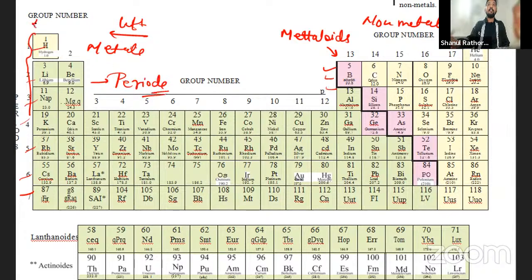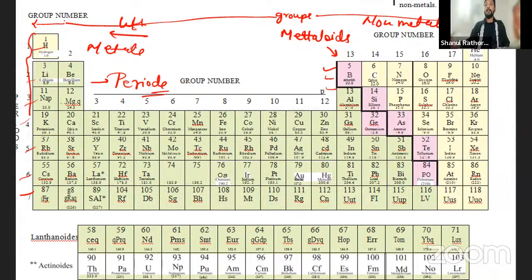And these vertical 18 columns are known as groups. Let me draw this completely, from here to here. So these are the 18 groups and these are the 7 periods present in this periodic table.